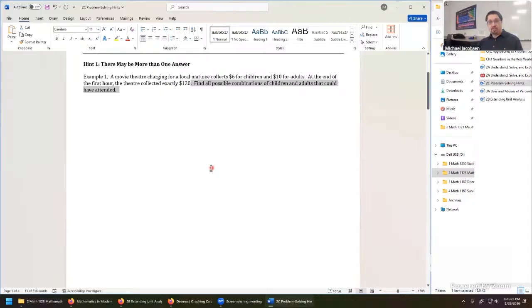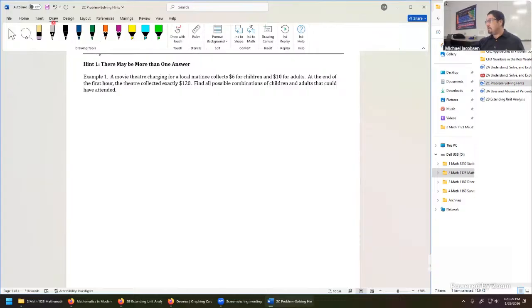Well, let's start off this problem by maybe organizing in this way. We want to find all possible combinations of children and adults that could have attended. So we can say, through a table here, this is where our answer is going to be. Let's split it into two for the two quantities. On the first column, well, the information starts with children, then adults.